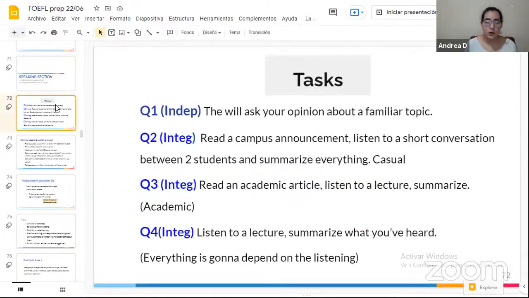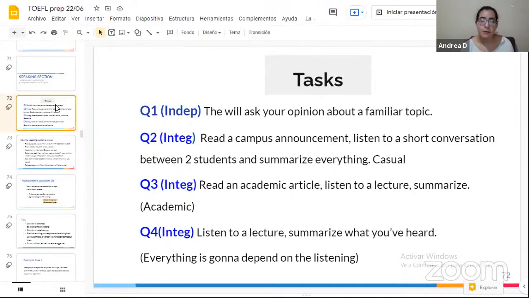So for the speaking section overall, if you want to have an idea of how this works, in the speaking section, you get 4 tasks. It used to be that you had 6 tasks. I don't know if any of you has taken the simulation test, for instance. In that test, you must have noticed that you got 6 questions in the speaking section.